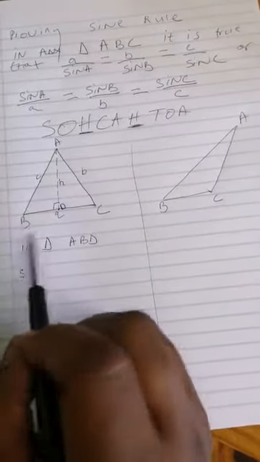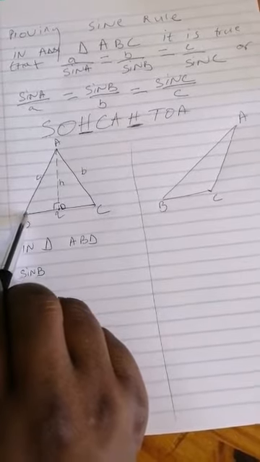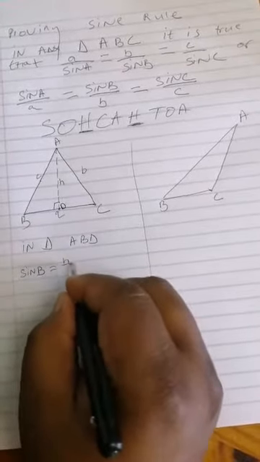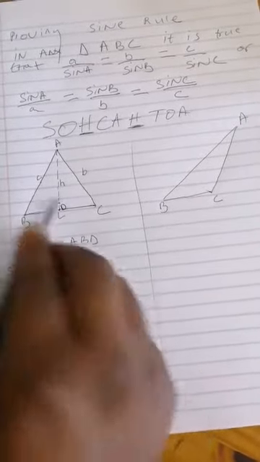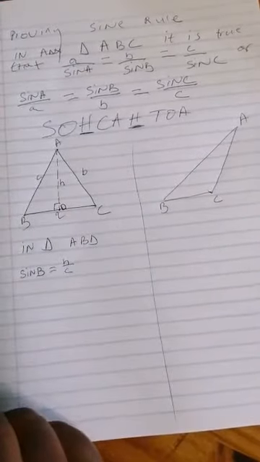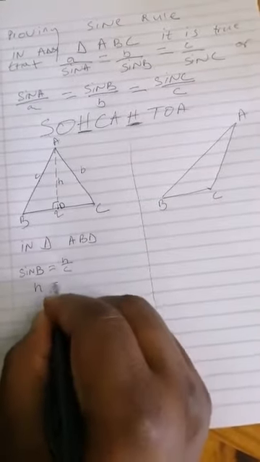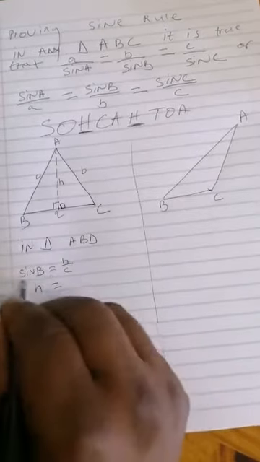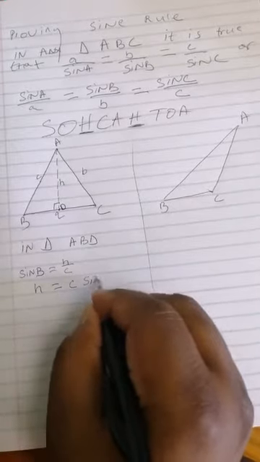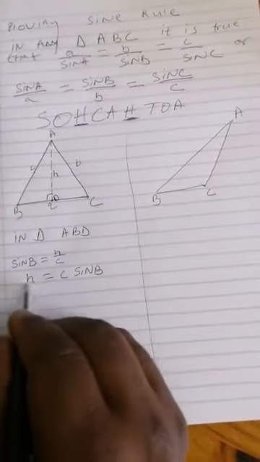The opposite for this angle B is the height, so it will be h over small c, which is the side. Height over hypotenuse, this is for sine. Now if I'm looking for the height, then the height will be equal to, cross multiply there, remember this is over 1, so it will be c sine B. So I have my height there.